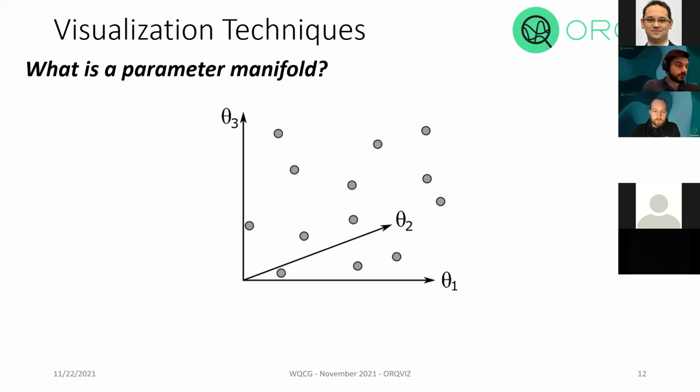And so what could a parameter manifold look like? It could look like this. It's a plane in this high dimensional space. The plane would be a 2D manifold, and it doesn't matter how high dimensional the entire parameter space is. The plane is 2D, and you can discretize this plane, in the sense that every continuous point on this plane you can discretize, and each point gives you a certain parameter vector.